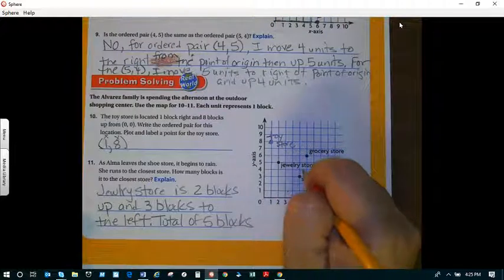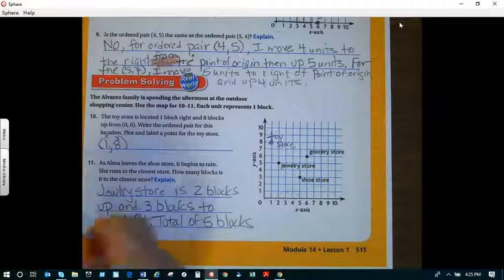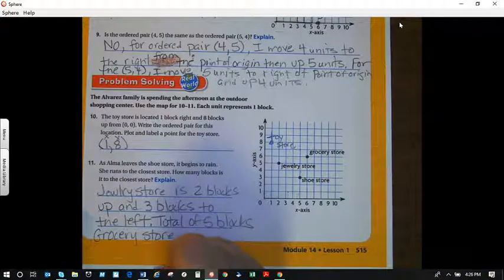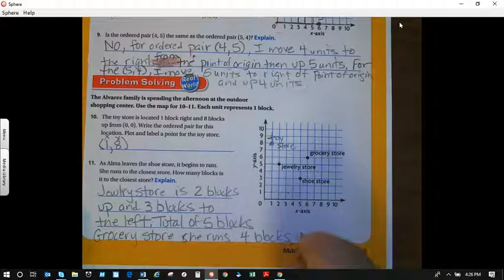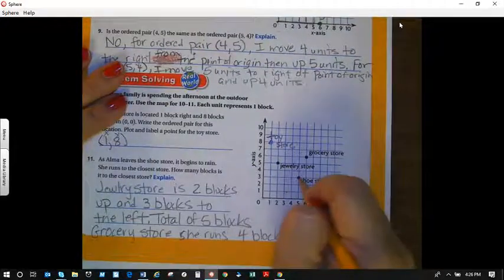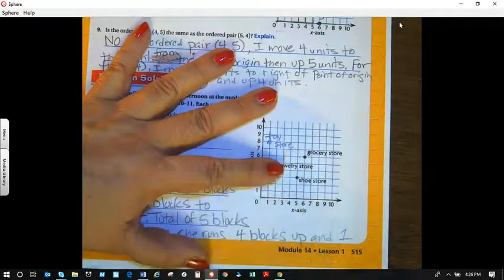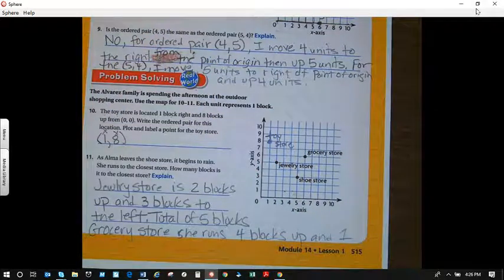She's here 1, 2, 3, 4. She runs 4 blocks to the grocery store. So she runs 4 blocks up and 1 block. Whoops, is it 4? 1, 2, 3. So I'm going to move that one to a 3. So if I can find a clean eraser, yes, there's a clean eraser.